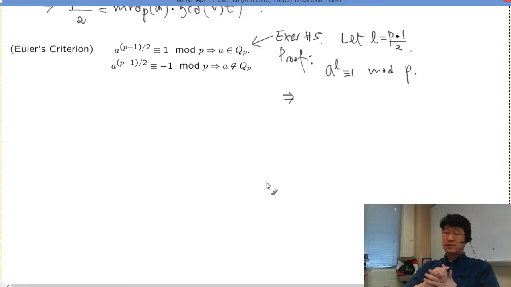Can someone come up with a true statement out of this? Something about L. Oh, then I know something about L. Order of a divides L. Isn't that absolutely true?